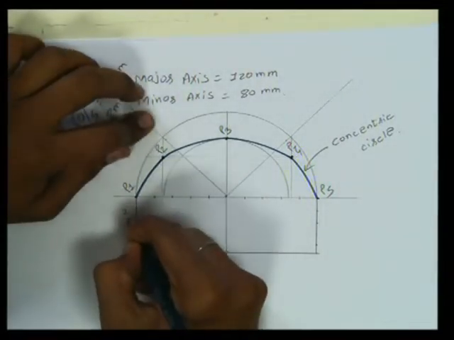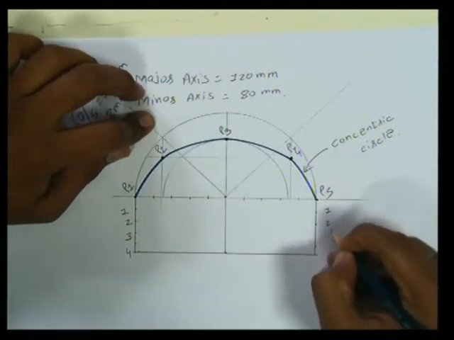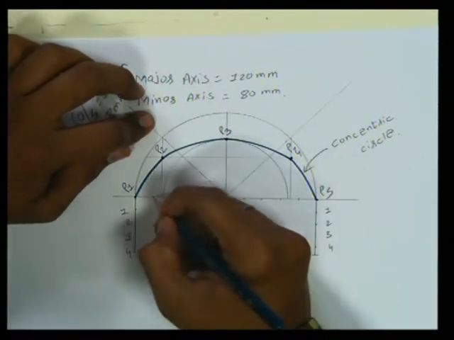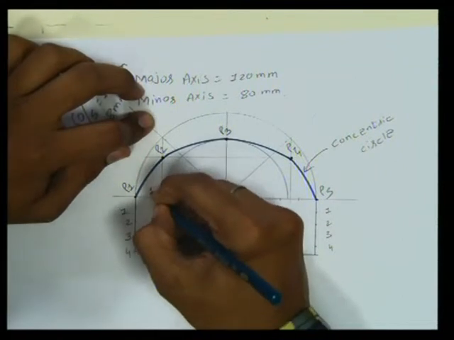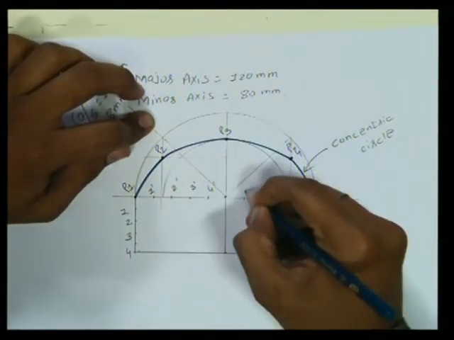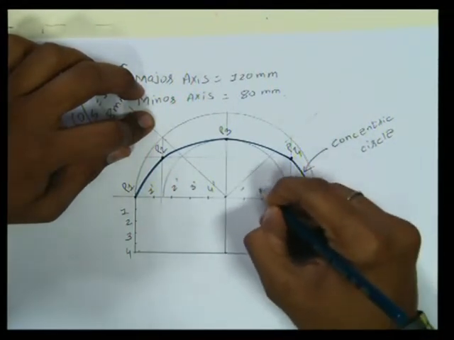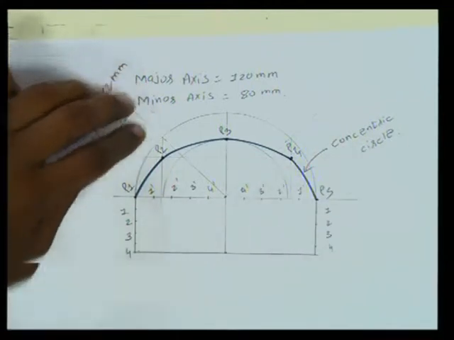Now we'll give the nomenclature to the same: 1, 2, 3, 4, 1, 2, 3, 4. Over here also 1 dash, 2 dash, 3 dash, 4 dash, 1 dash, 2 dash, 3 dash and 4 dash.